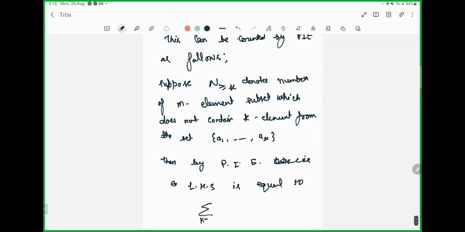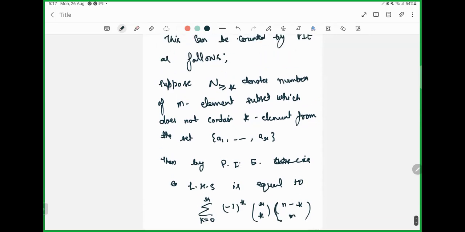summation k running from 0 to r minus 1 of (r choose k). Then you have to choose k elements out of the r elements, which are always A1, A2, up to AR. Then among the n minus k elements, you choose m elements, because those k elements are already not there.